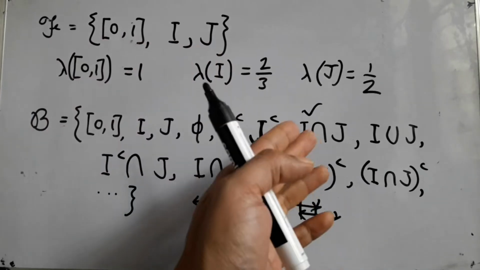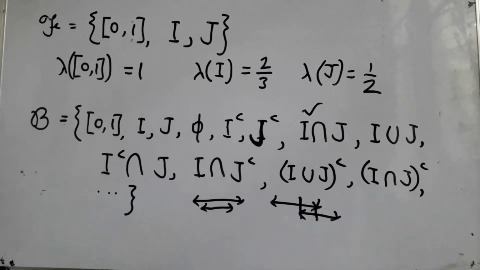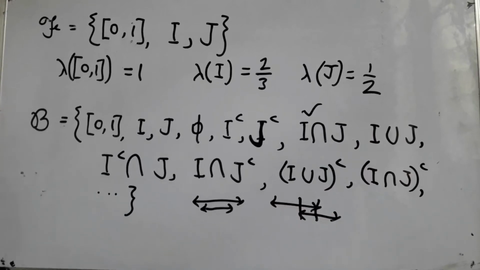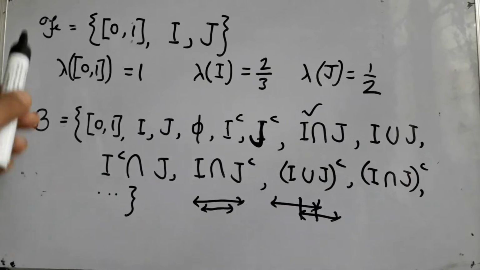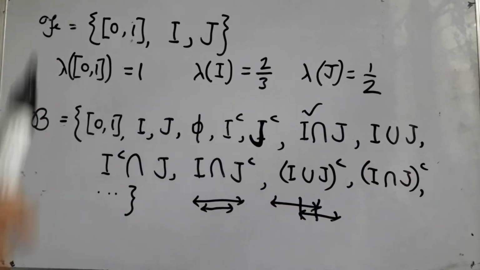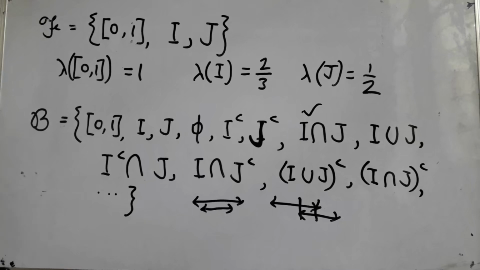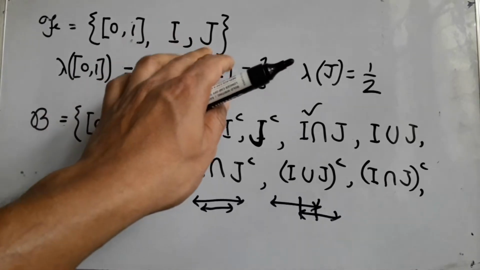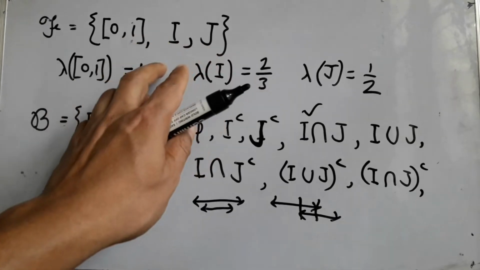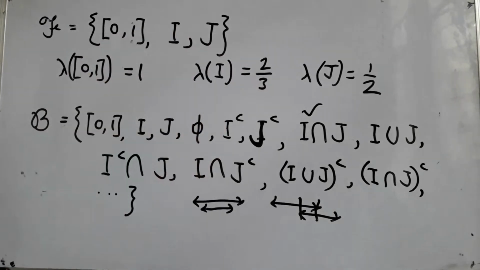Once I tell you how much they overlap, you can work out the length of the union and the others. So, this set script F should better be closed under intersections. Whenever you specify length of two sets, remember to specify the length for their intersection as well.